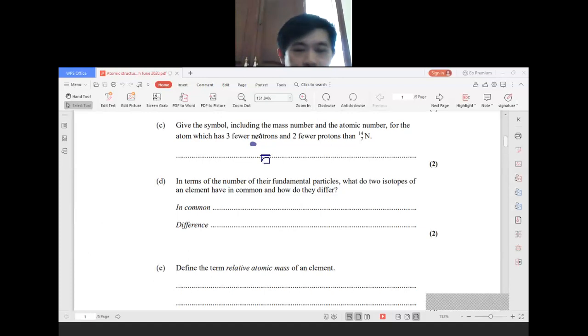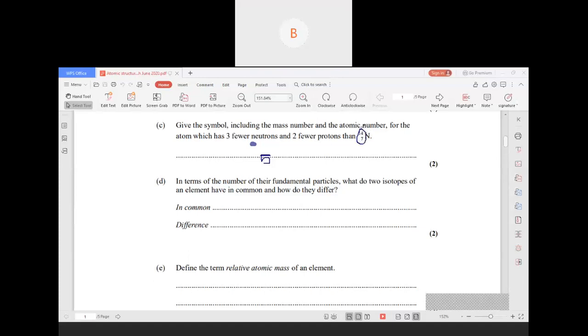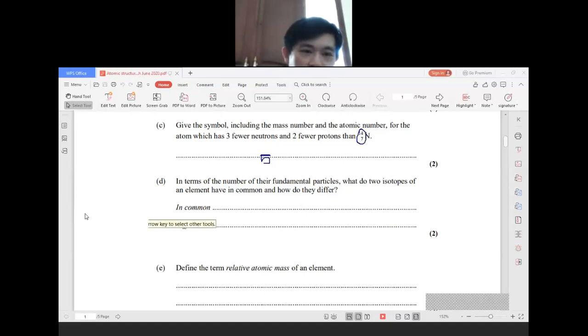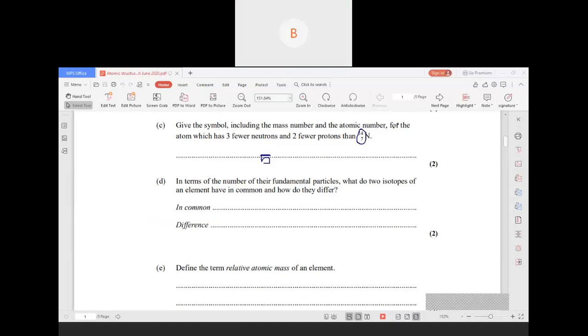And then, what is the neutron here, Billy? How many neutrons? 14? No, the nucleon is 14. The mass number is 14, but the neutron is not 14. How to find neutron? 7. So the neutron is 7.